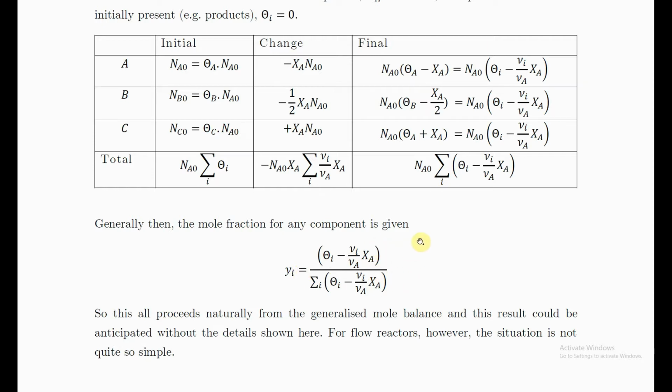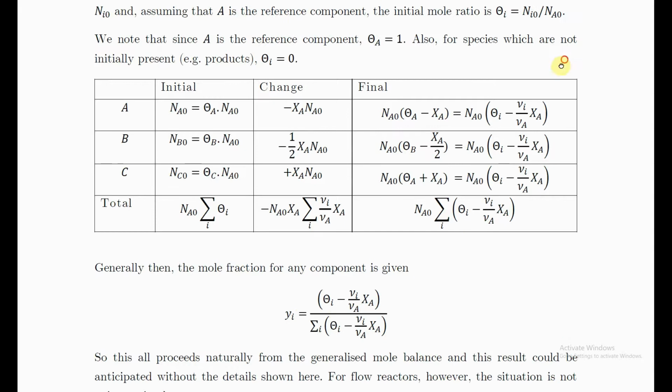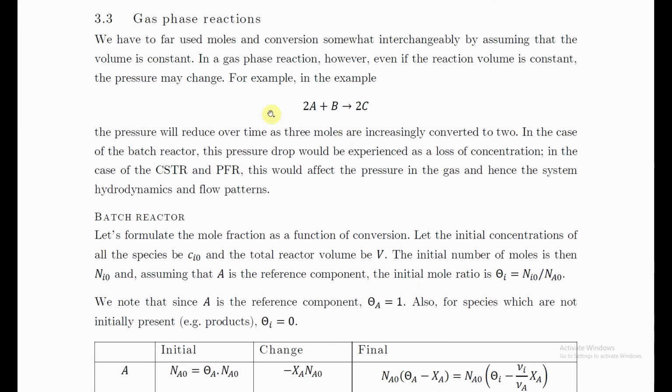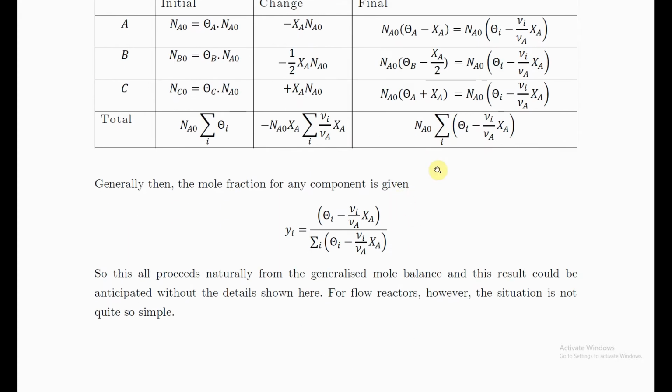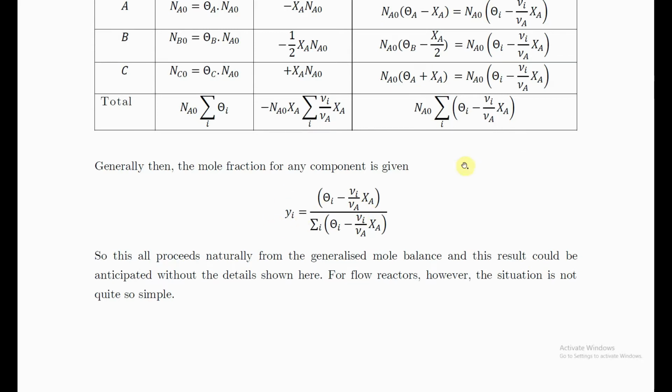Of course, how much you do convert does depend on how long you allow this reaction to continue in your reactor. And as the engineer or the operator of that reactor, you can choose, well, maybe it's just 1 hour. And so we can solve our batch balance and estimate after 1 hour what the conversion is going to be, and hence what the mole fraction is. Okay, so that's how we can estimate the mole fraction.